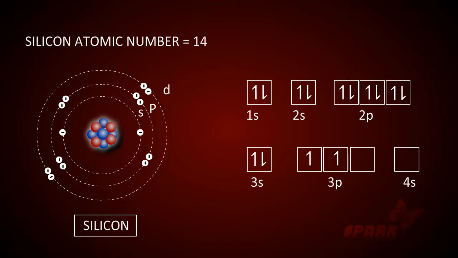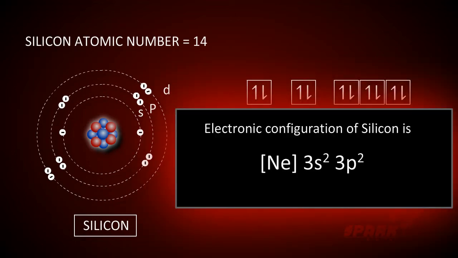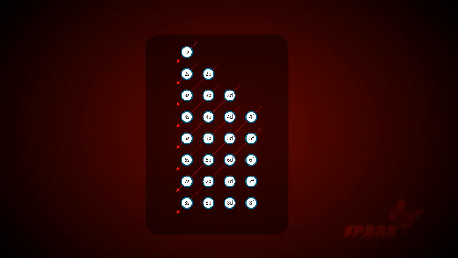This means that the electronic configuration of silicon is neon 3s2 3p2, as we can use the noble gas to make the electronic configuration shorter. In this order, electrons enter the various orbitals in the order of increasing energy. Here, each diagonal red arrow corresponds to a different value of n plus l.